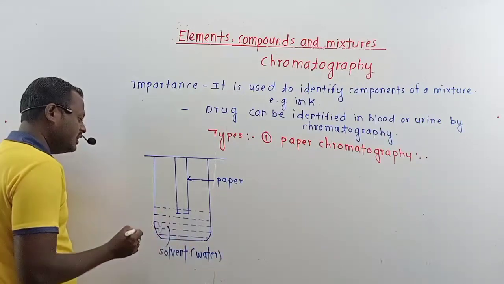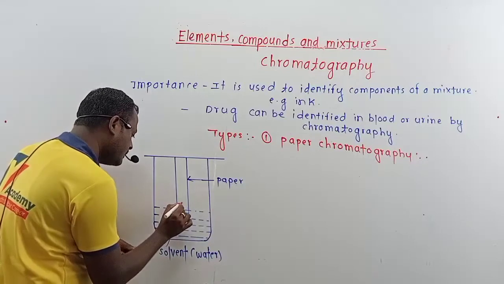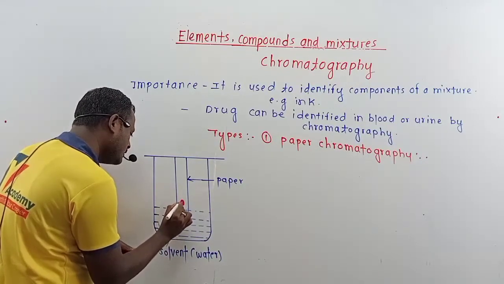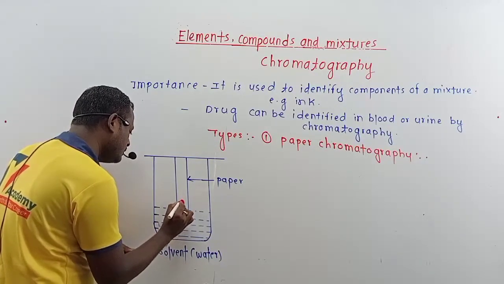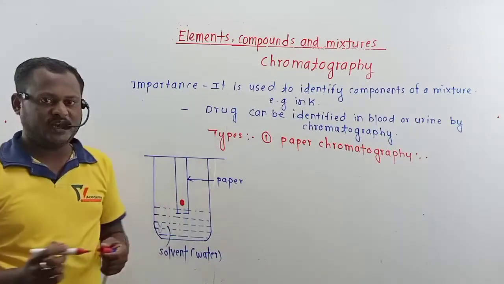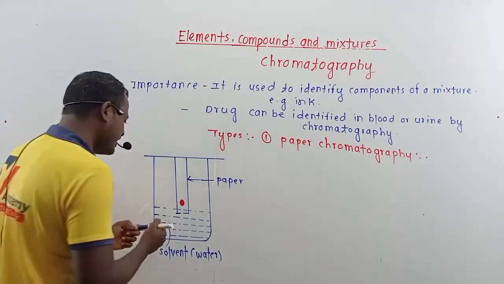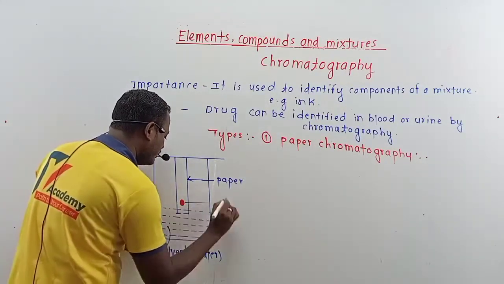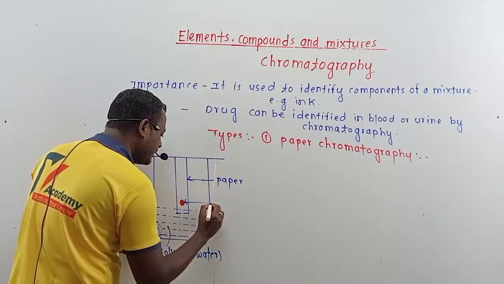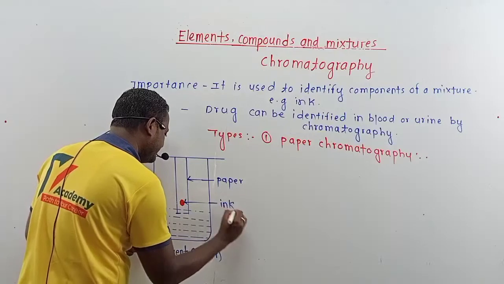We have to make the dot here, just above the water; the dot should not dip into the water. Okay, dot of ink. So this is the dot of ink. We have to detect the components present in the ink.